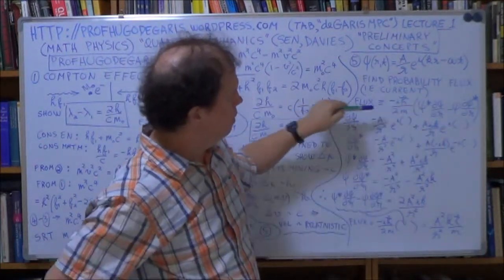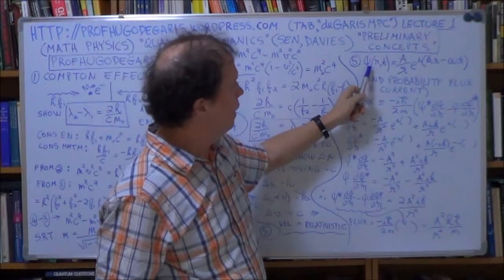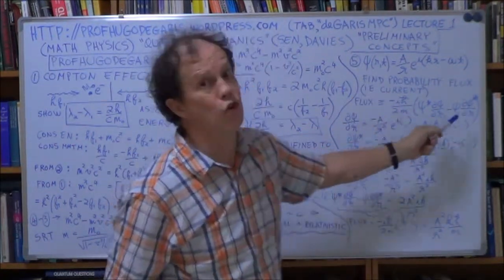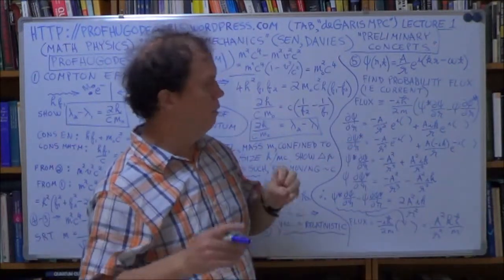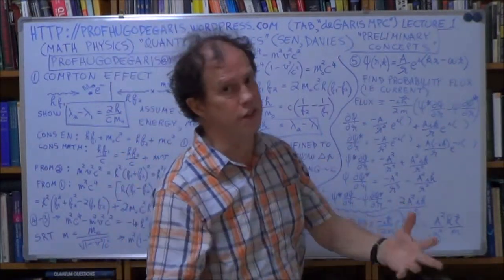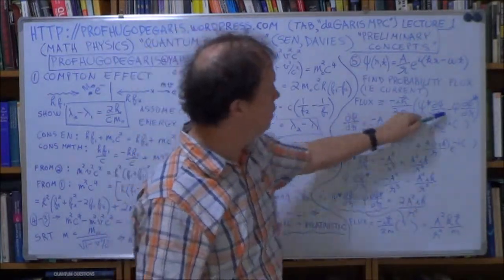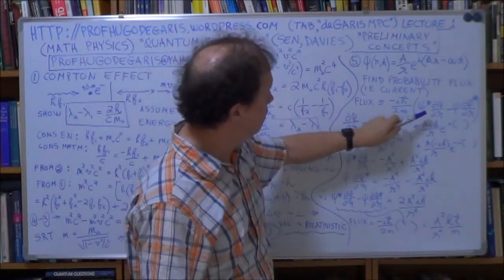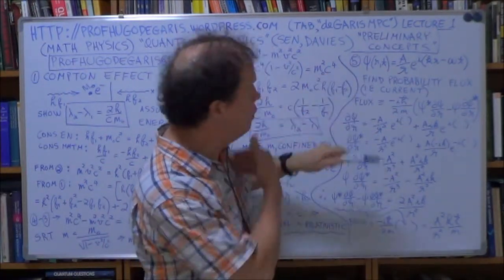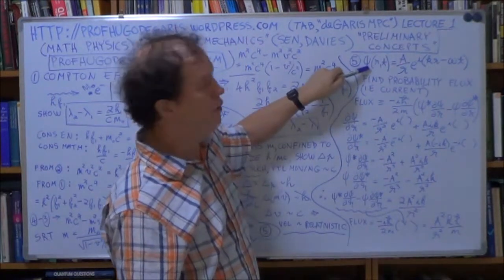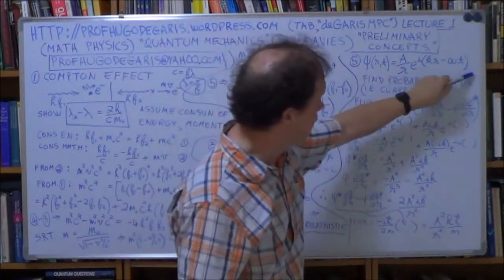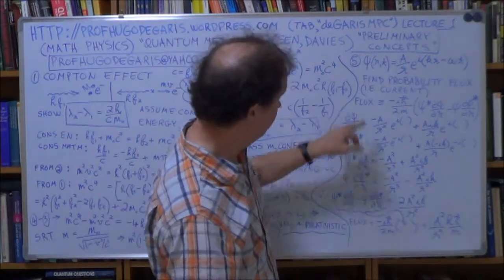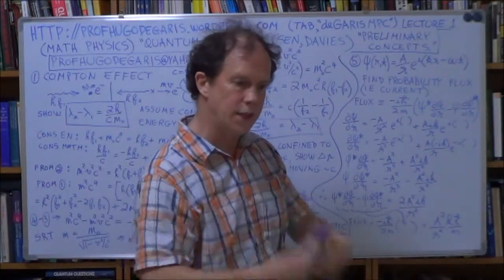If you see psi as an amplitude for a probability density, you can actually find a formula using Schrodinger's equation for the flux density or the current density, same thing. And here's the formula for it. You're asked to calculate this flux, using this particular wave function, this particular psi here, taking this form. You're asked to calculate the flux, the probability density.